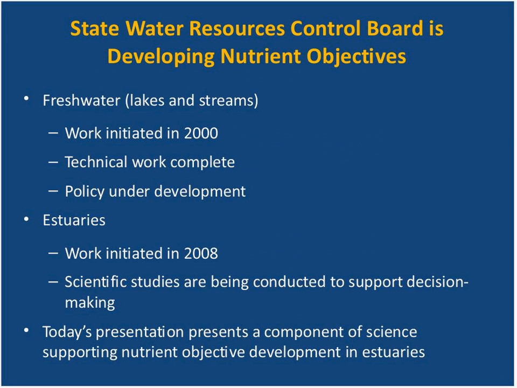My name is Paul Hann, and I'm the Acting Chief of the TMDL section at the California State Water Resources Control Board. Before we get too far into this, I want to provide some general information to help with managing expectations. As you know, the Water Board is developing nutrient objectives for the state's surface waters. We initiated this effort back in 2000, focused first on lakes and streams.